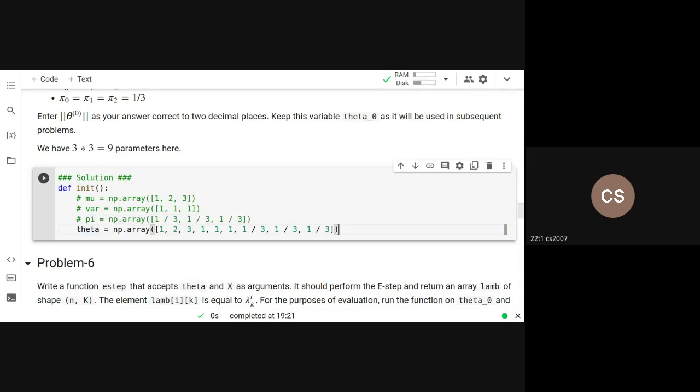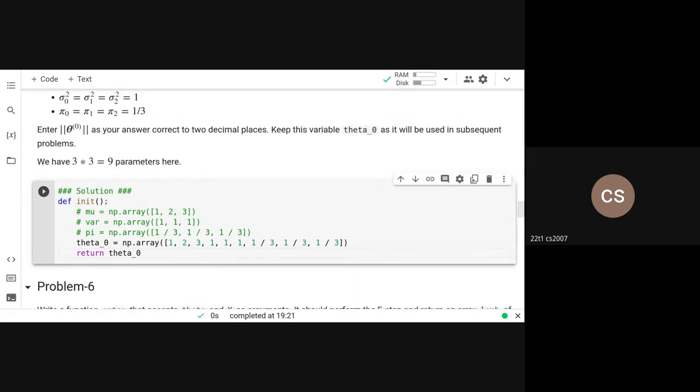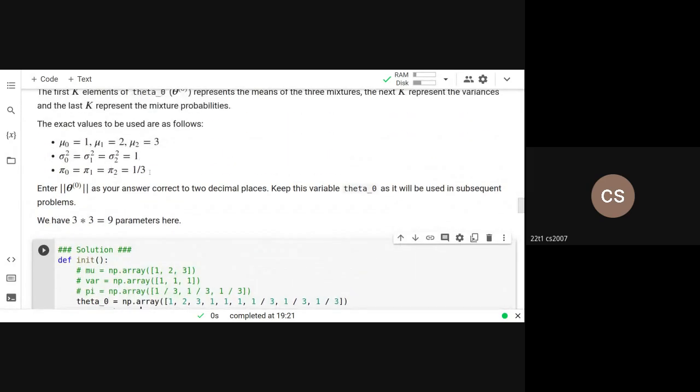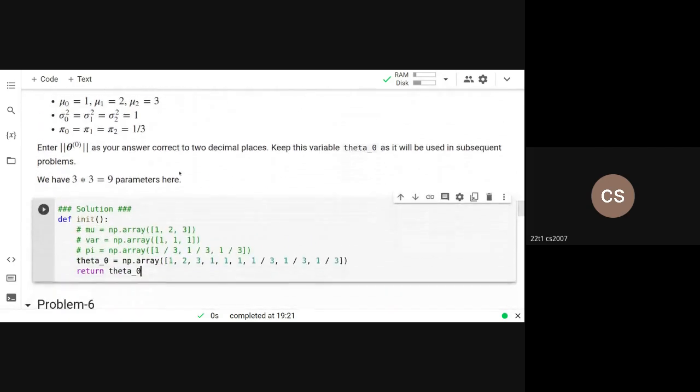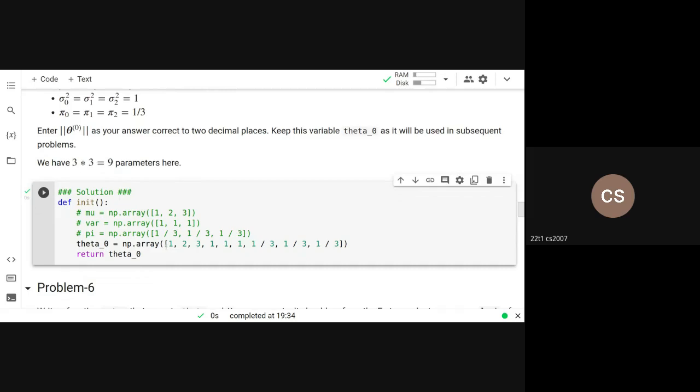I will generate one theta naught and return that. So now this theta naught contains all the information required for the initial values. I hope this is clear. First 3 refer to means, next 3 to variances, last 3 to the pi values.